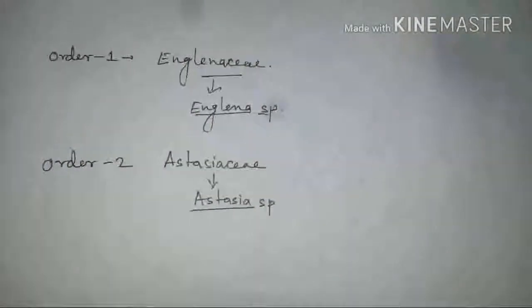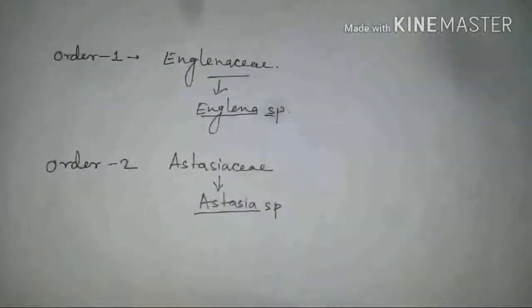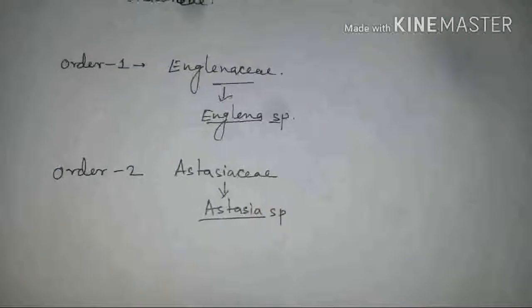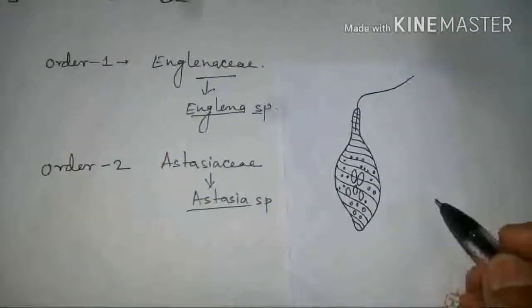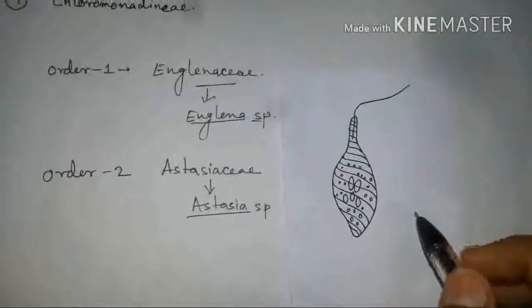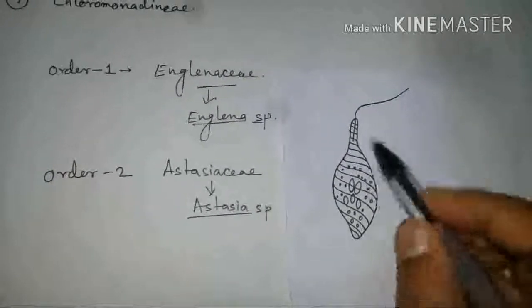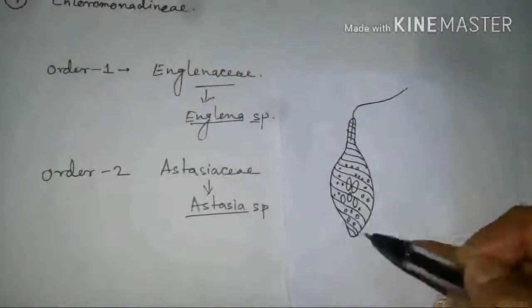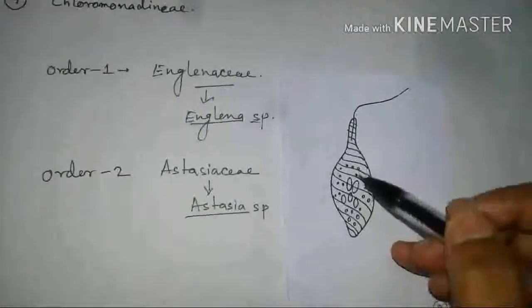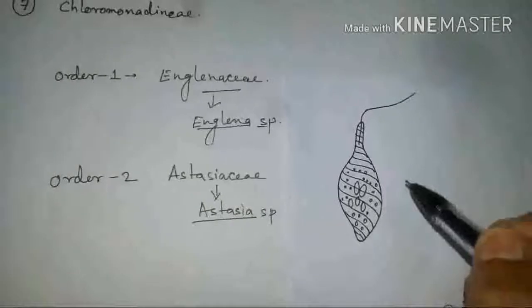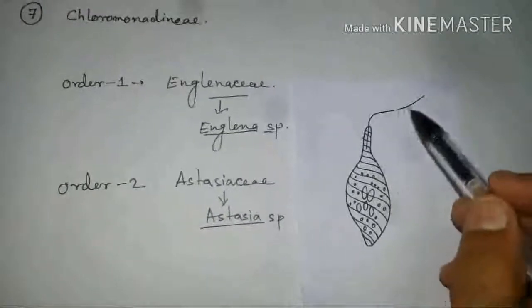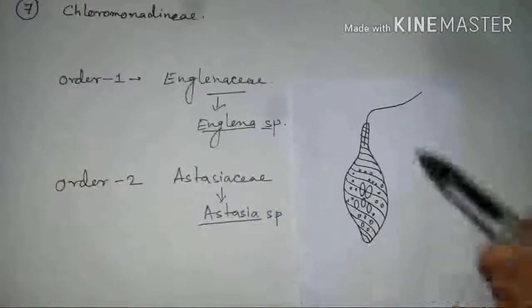This algae is also made up of a single cell, and it is colorless, free swimming and fusiform or elongated in shape, and this is a holotypic species, and a single flagellum is present in this algae.